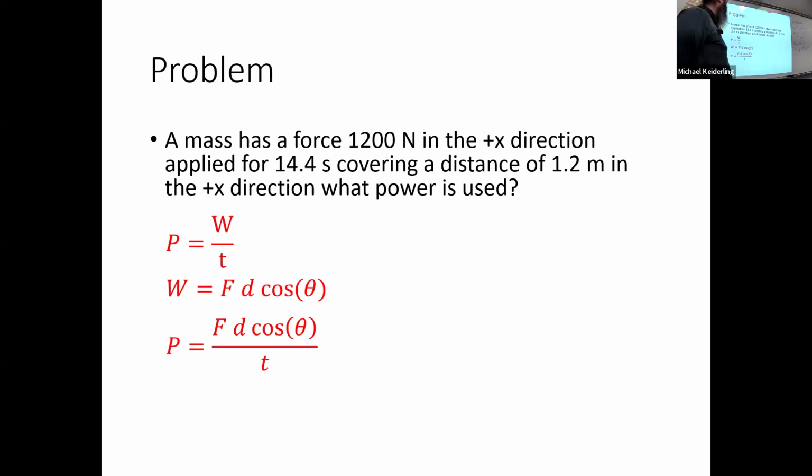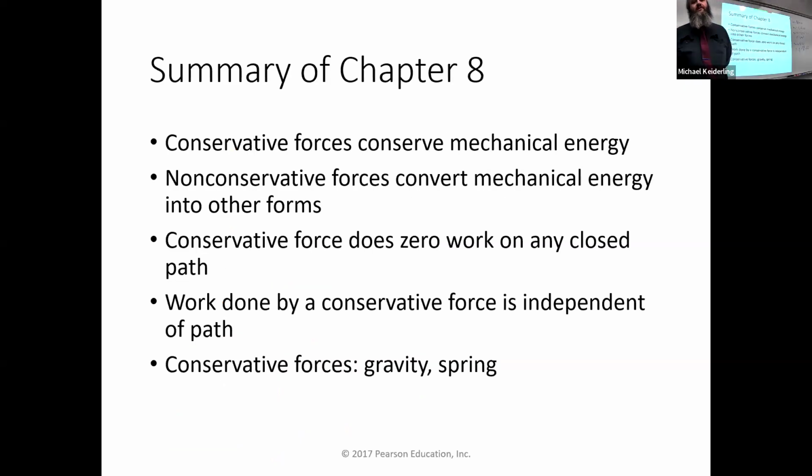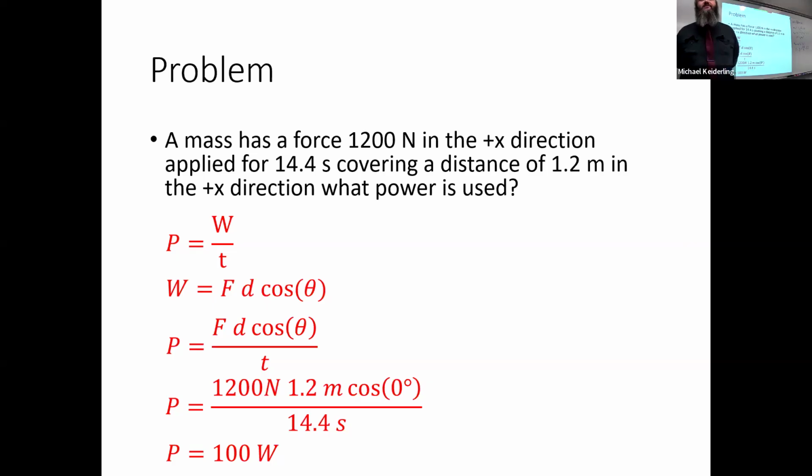So power is force times distance times cosine theta over time. 1200 newtons times 1.2 meters times cosine of 0 degrees, divided by 14.4 seconds. 1200 times 1.2 is 1440, divided by 14.4 seconds gives us 100 watts. That was chapter 7. Any questions about chapter 7?